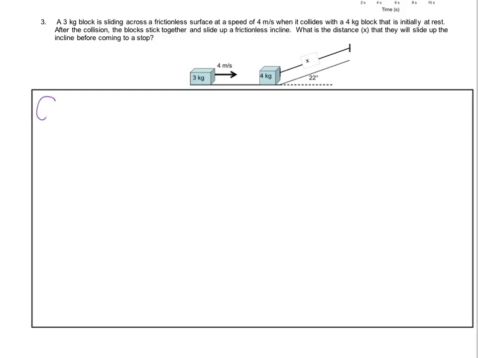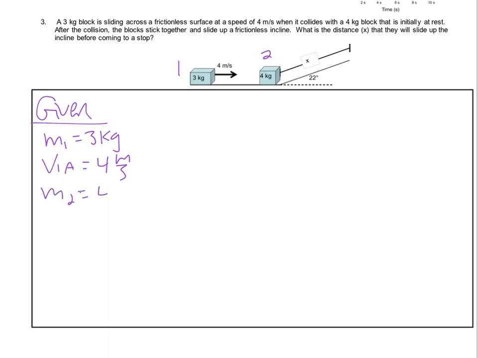Let's list what we know. If I call this block 1 and this block 2, M1 equals 3 kilograms, V1A equals 4 meters per second, M2 equals 4 kilograms.